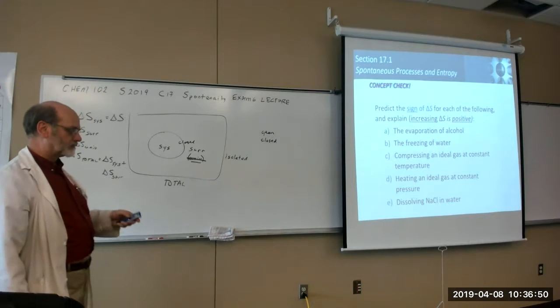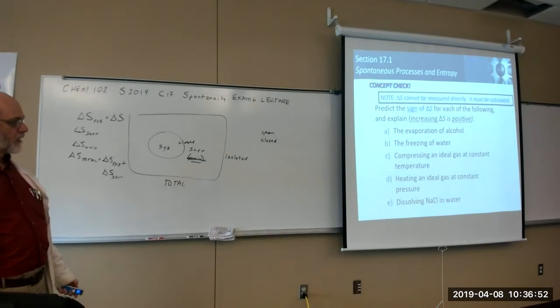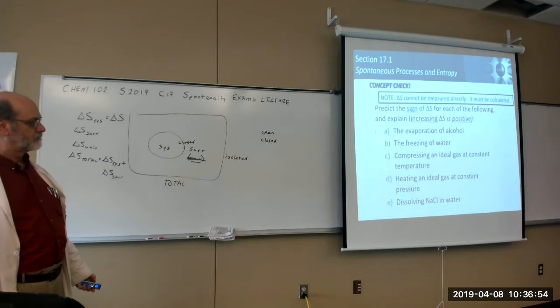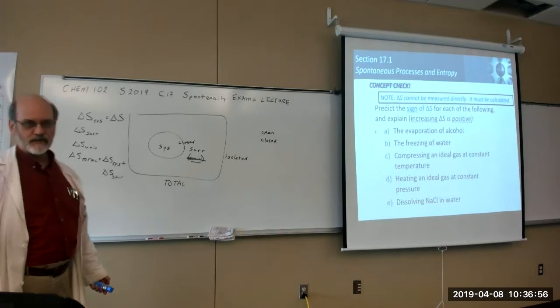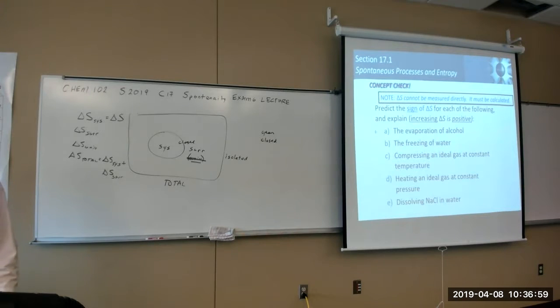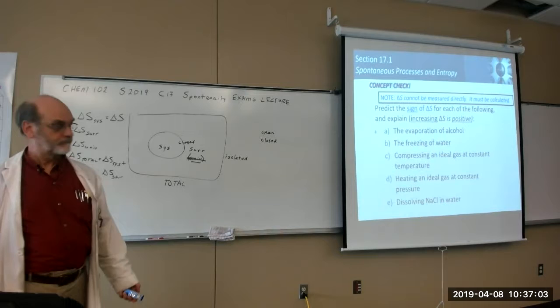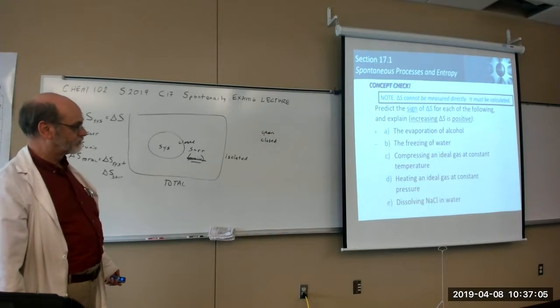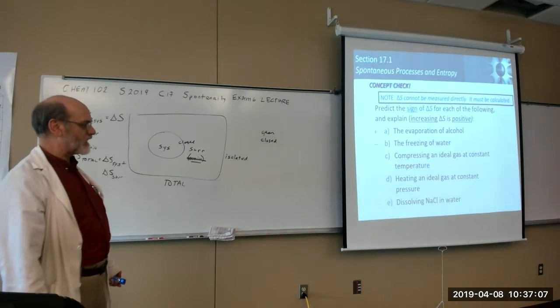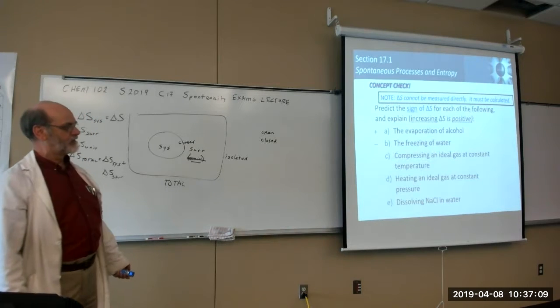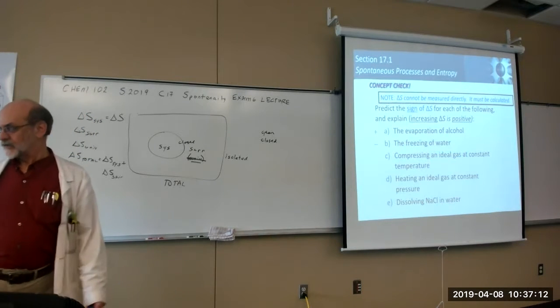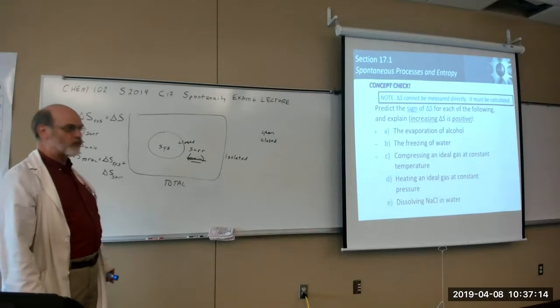Increasing, definitely. How about freezing of water? Decreasing. It should be decreasing, right? Because it's becoming more ordered. Compress an ideal gas at constant temperature. Decreasing. It should be decreasing, yes. Fewer microstates.